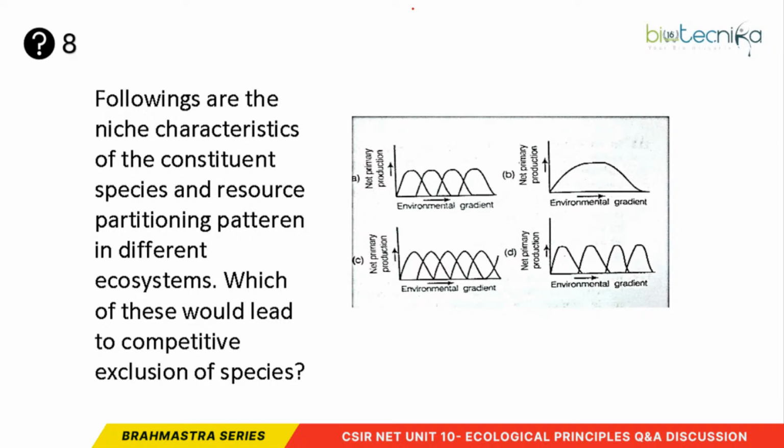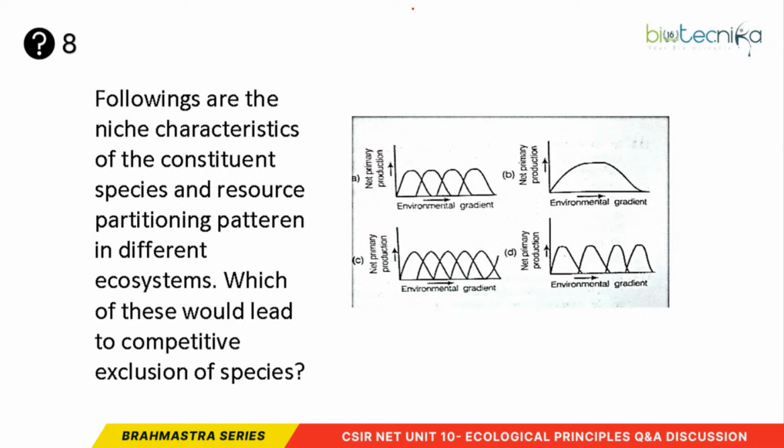They are saying the following are the niche characteristics of the constituent species and resource partitioning pattern in different ecosystems. Which of these would lead to competitive exclusion of species? When do you have competitive exclusion of species? When there is a niche overlap, isn't it? That means the same niche or the same resource is being shared by two species.